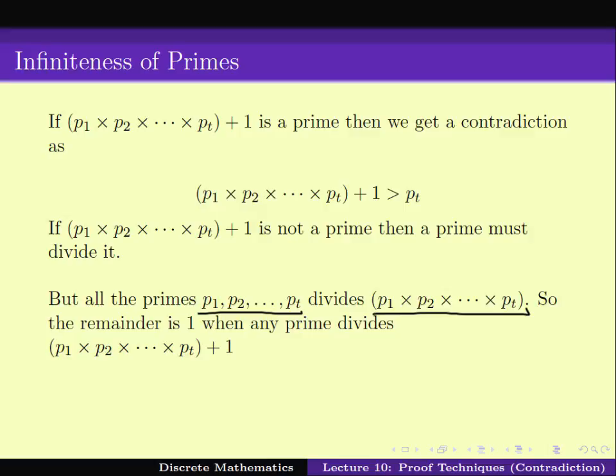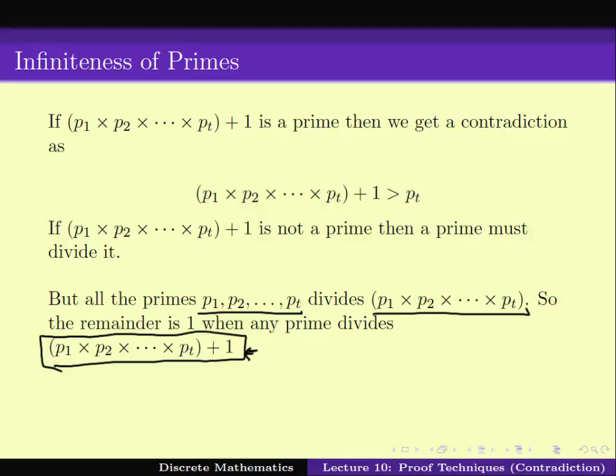So when we divide the product plus 1 by any of them, say, does P1 divide this number? When we divide this number by P1, what remains? The remainder is 1. Similarly, when I divide it by P2, the remainder is 1. Similarly, when I divide it by the prime PT, the remainder is 1. Or in other words, none of these primes P1 to PT divides this new number.